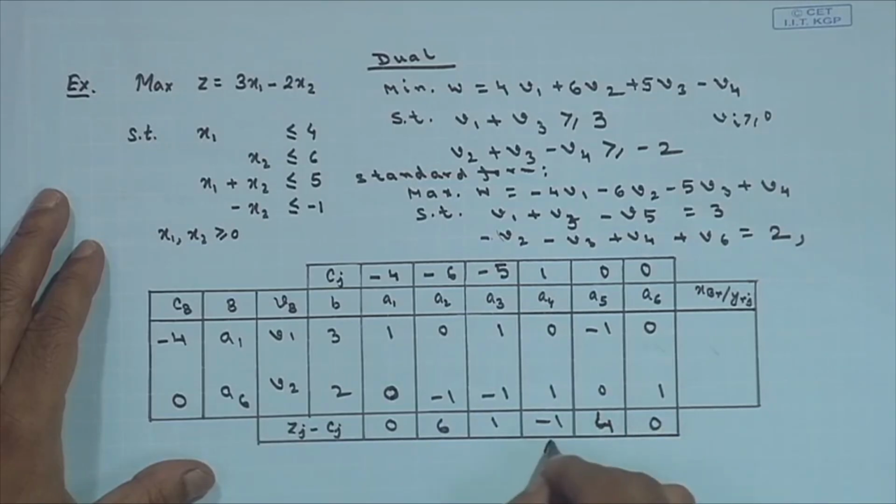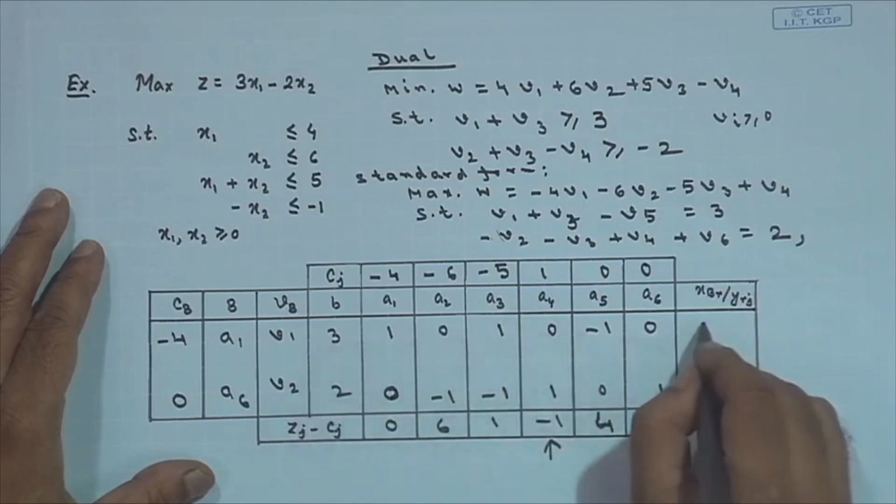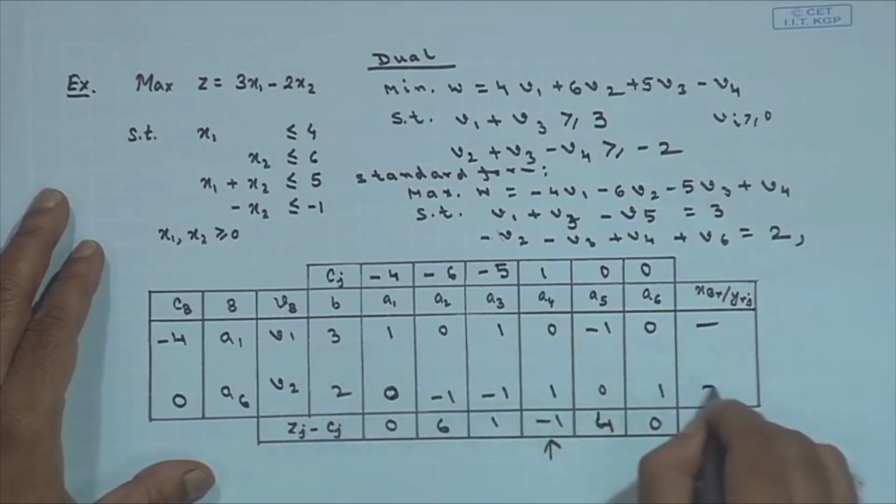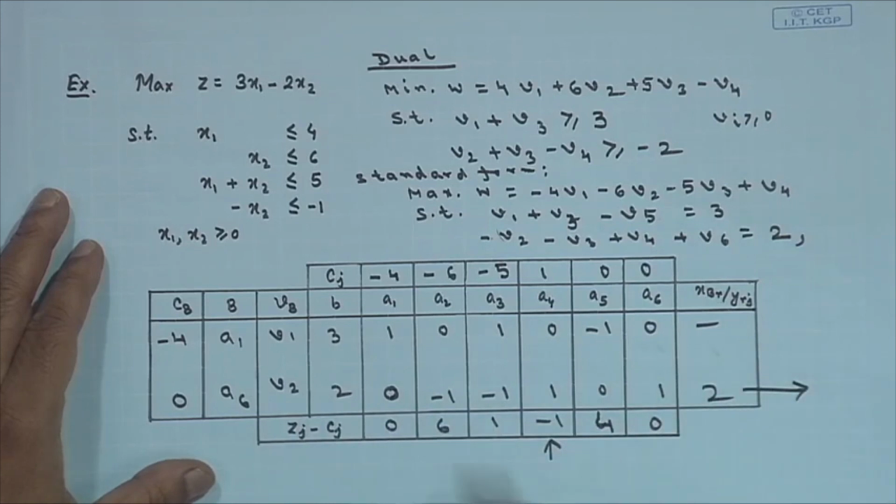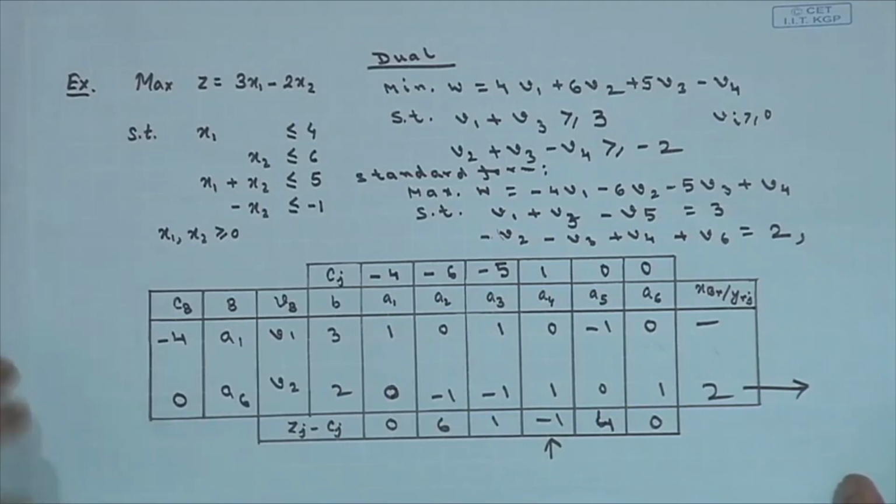So, this is the most negative. The entering vector is this one. So, 3 by 0, you will not get anything, here you will get 2. Therefore, your departing vector will be A6. So, your entering vector is A4 and our departing vector is A6.